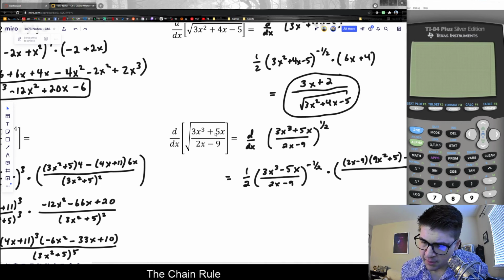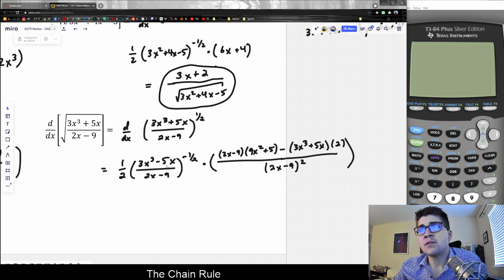And I need to square the bottom, and away we go. And that, again, is the chain rule. Take the derivative of the outside, leave the inside alone, multiply by the derivative of the inside. I'll leave this for you to simplify if you want. But again, pretty gross. There's a lot more I could do to make this look a little bit cleaner.